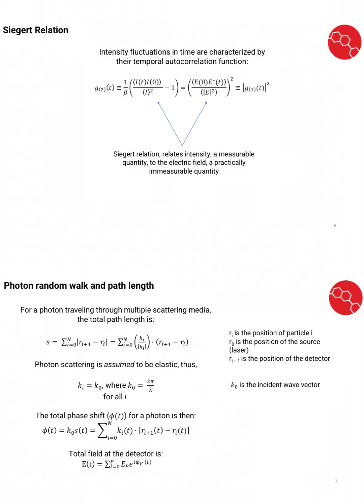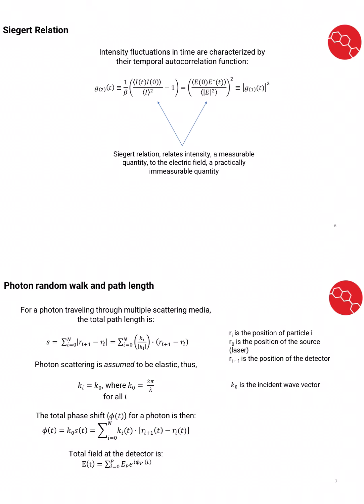So as I've mentioned before, intensity fluctuations in time are characterized by their temporal autocorrelation function, G2, which you get from the ALV instrument. Now using the Siegert relation, we can get G1, our field autocorrelation function. The Siegert relation relates intensity, a measurable quantity, to the electric field, a practically immeasurable quantity, so we can extract useful physical information.